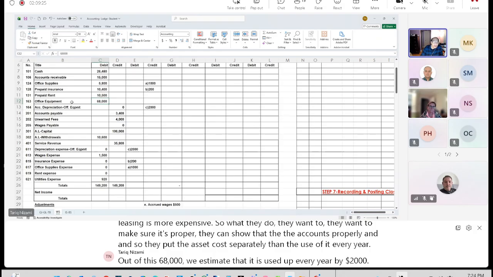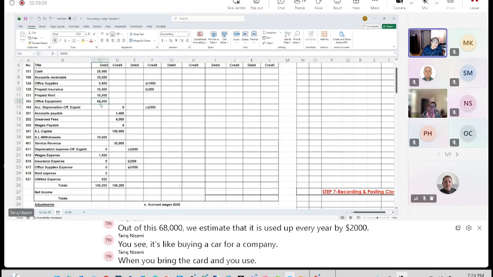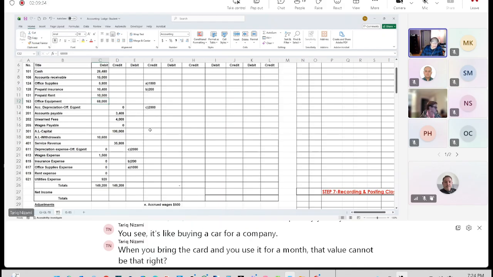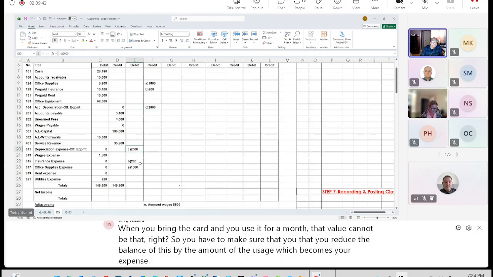It's like buying a car for a company. When you bring the car and use it for a month, the value cannot stay the same, right? So you have to reduce the balance by the amount of the usage, which becomes your expense.